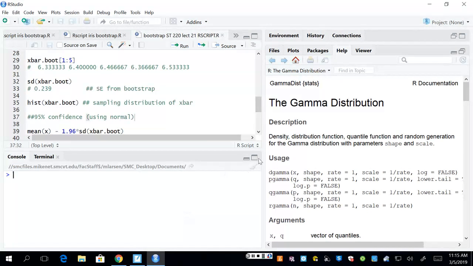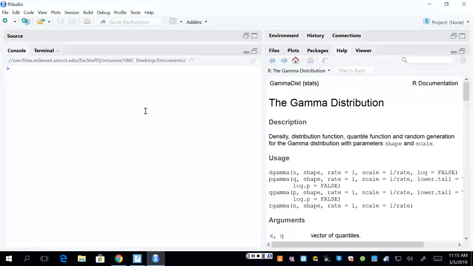Let's double check what's going on with the gamma. Let's get 10,000 values of gamma. Let's put the first parameter as 1/2, the second as 7.2. Are we going to get an average of 3.6? No, we don't.